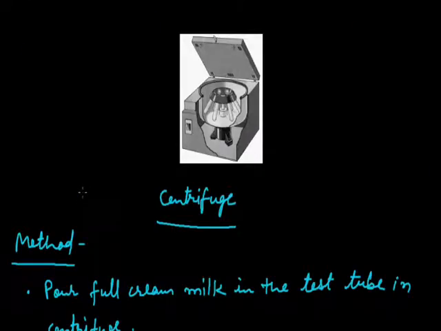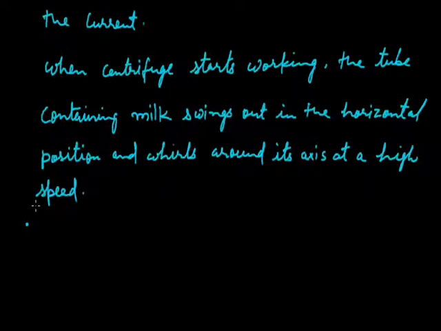Here we can see in the centrifuge, when current is switched on, the tube containing milk swings in the horizontal position and is whirling at a very high speed. Here the centrifugal force, that is in the outward direction, pushes the heavier particles outward, that is towards the bottom of the mixture.